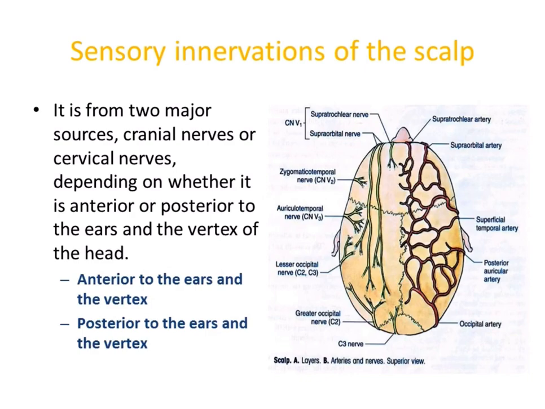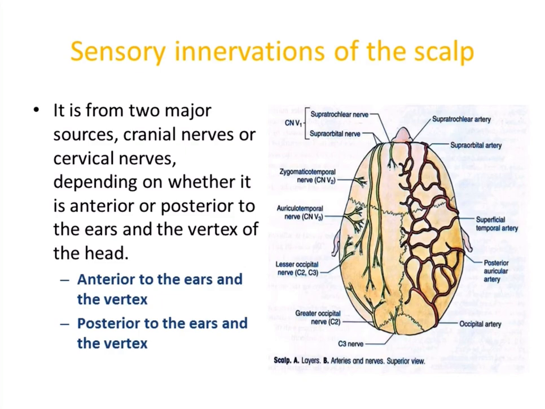Regarding the sensory innervation of the scalp, it is from two main sources: cranial nerves or cervical nerves, depending on whether it is anterior or posterior to the ear and the vertex of the head. What is the vertex of the head?